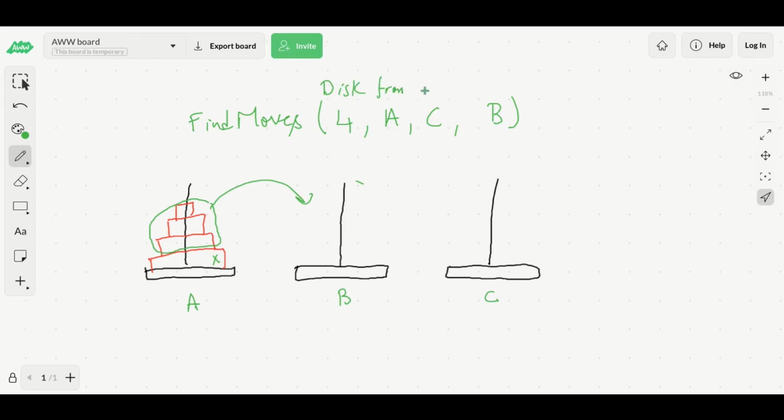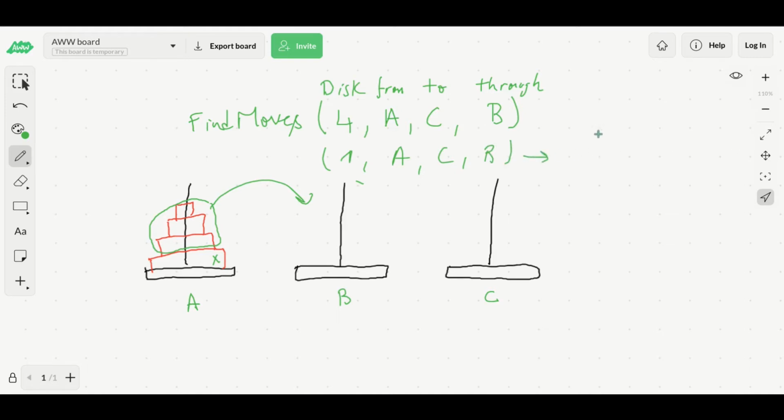So this is disks from, to, through. This is the function we need to implement, and we'll show that this function can be solved recursively. We know the base case, so we know how to solve f(1, A, C, B), for example.